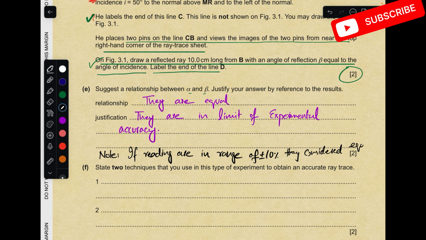If you take a value of 40, 10% of 40 is 4. So what is the range of 40? 40 plus 4 is 44, and 40 minus 4 is 36. So any value between 36 and 44 can be considered equal to this. That is how you have to answer this question in ATP.